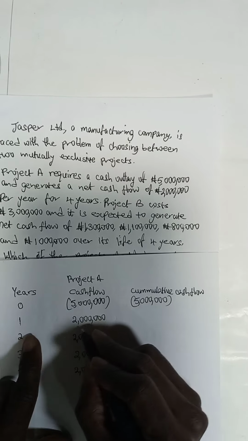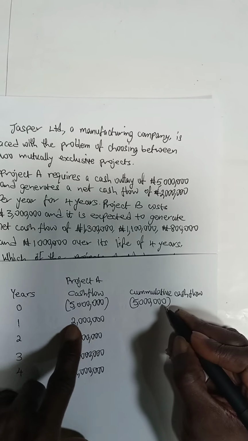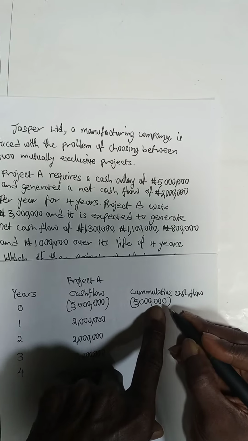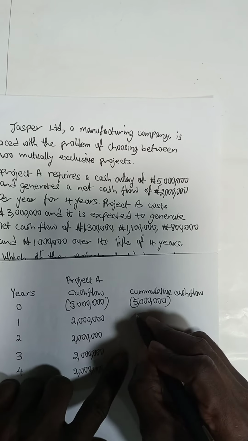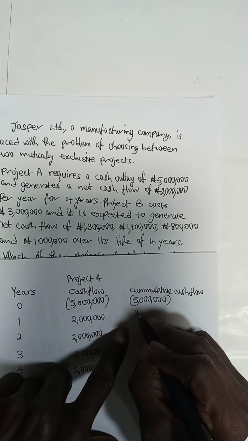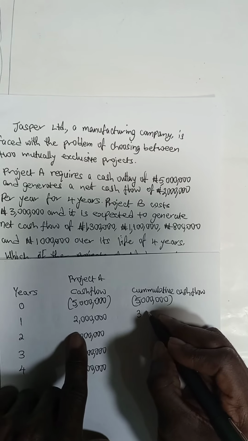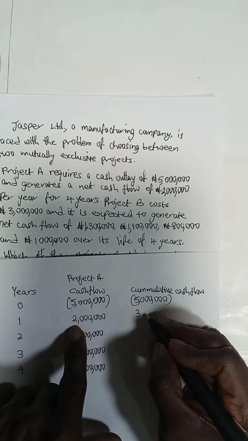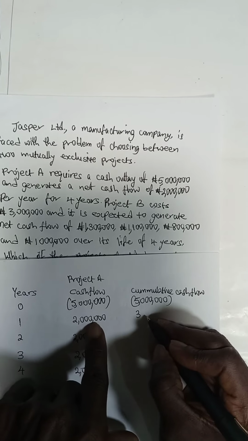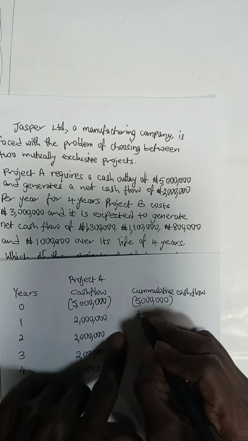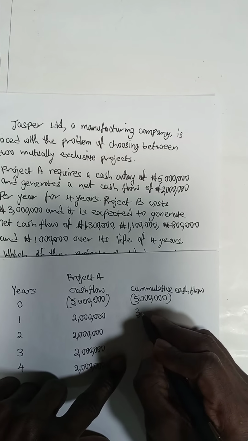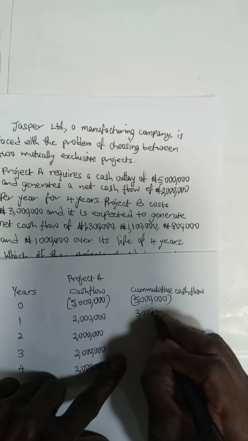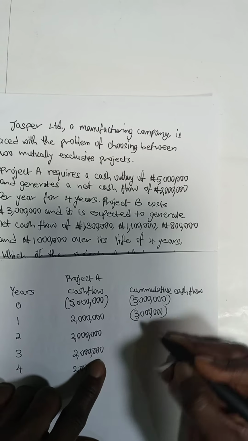This is 5 million. Then this 2 million will reduce this 5 million, that is 5 million minus 2 million, to 3 million. So we bracket it.